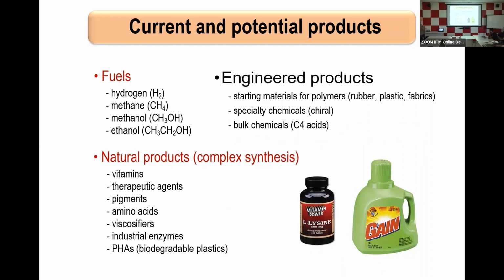So in many cases, bacterial or biological systems solve a problem that chemists have very many difficulties to solve, and it's the chirality of some molecules.